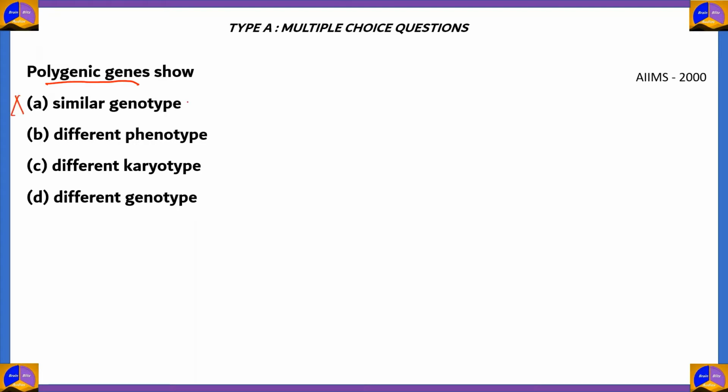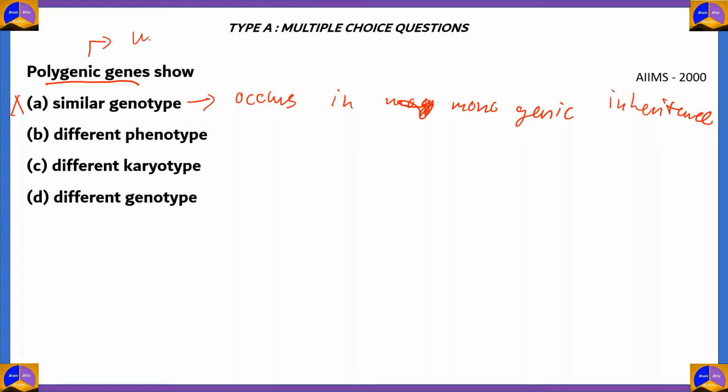This is incorrect because similar genotype occurs in monogenic inheritance. Well, we're discussing polygenic inheritance, where more than one gene determines a character.